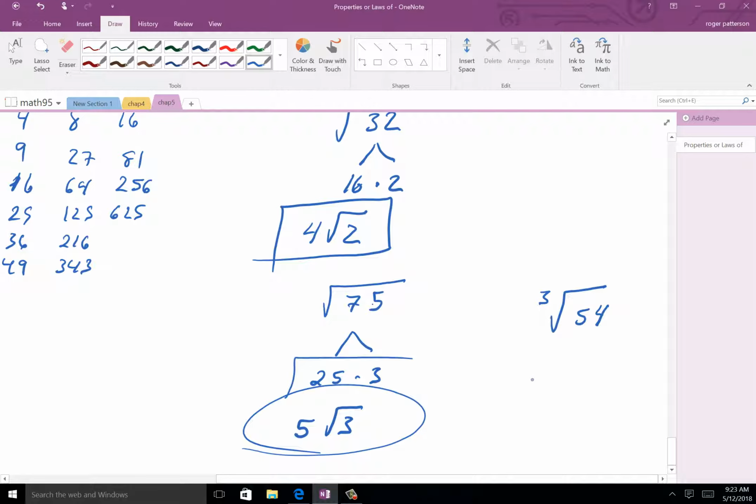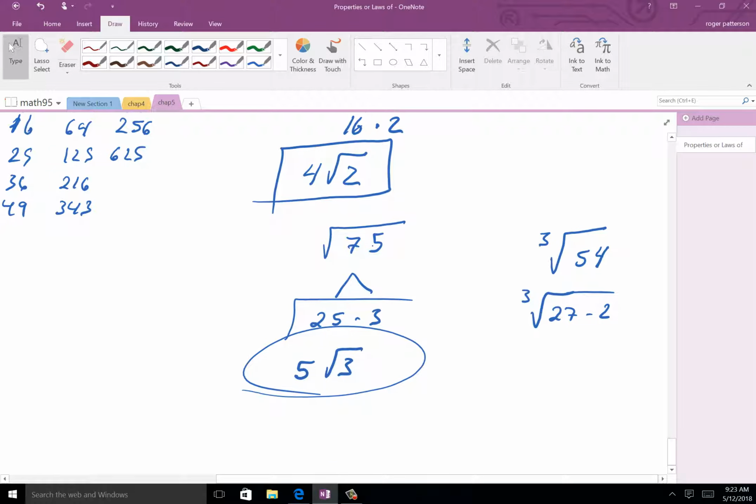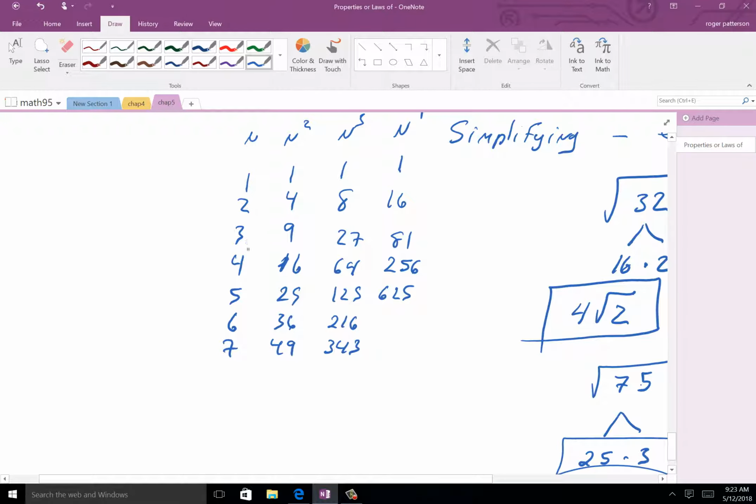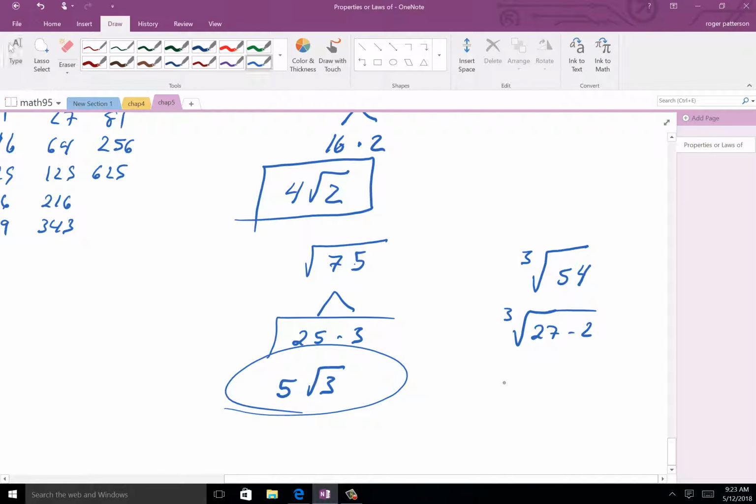Twice. So that means I can break this down into 27 and 2. The cube root of 27 is 3. So I'm going to get 3 cube root of 2, because that's my leftover. That's simplified.